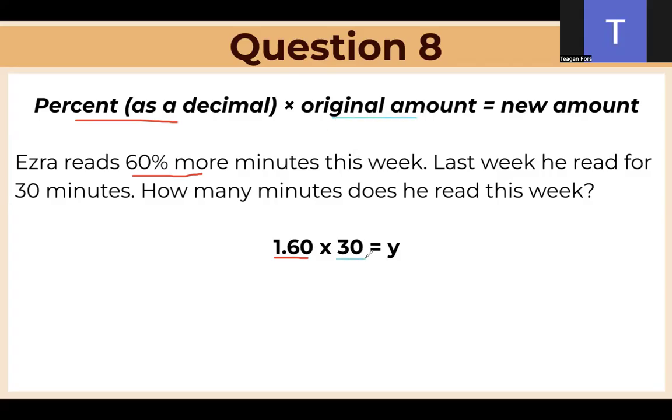So our original amount is 30, and the new amount that he read for this week, we don't know yet. So our new amount is y. Try and solve this equation and figure out how long Ezra read. When you multiply those together, you should get 48 minutes. So Ezra read for 48 minutes this week. Let's try one more.